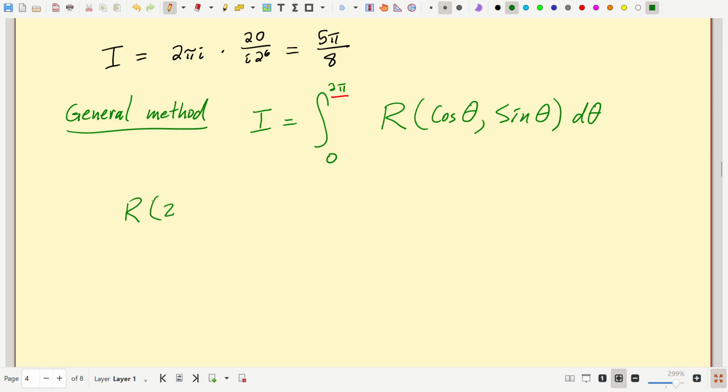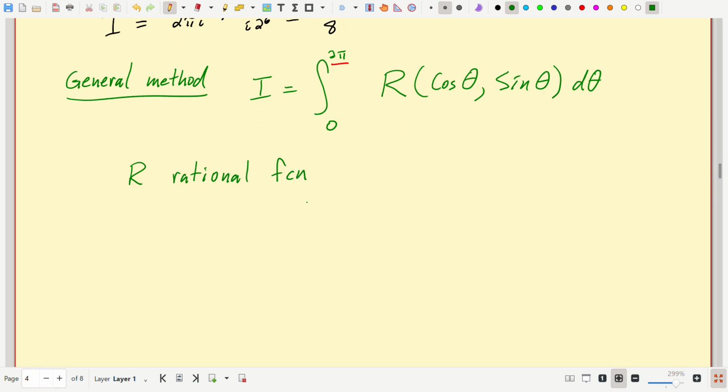So R is a rational function. We'll have to think about what could go wrong here. And then what did we do?